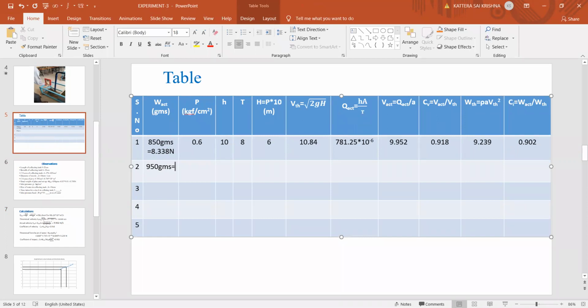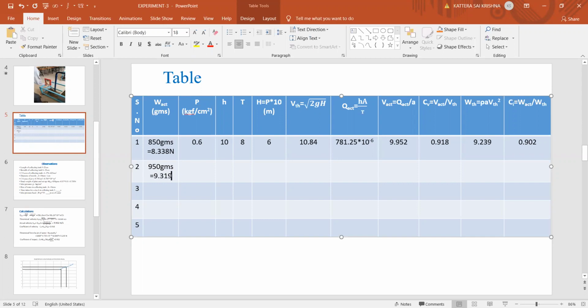Now you need to convert this in terms of newtons. So what we need to do, first convert that in terms of kgs. So 0.95 kg into 9.81. So what is the value? 9.3195.